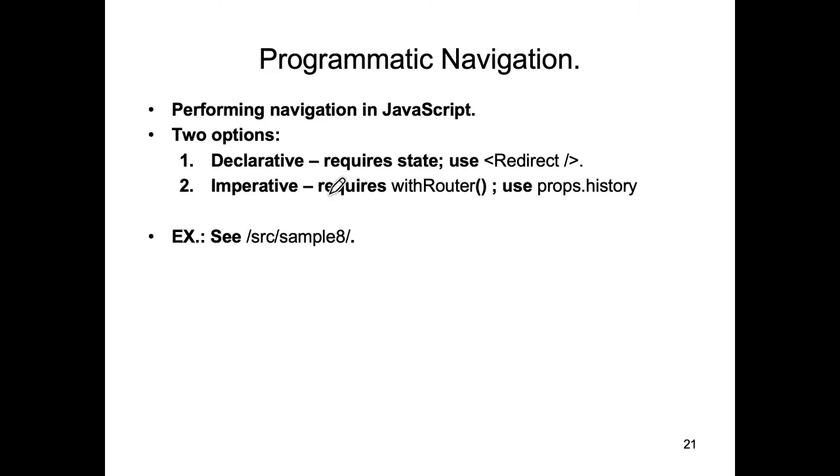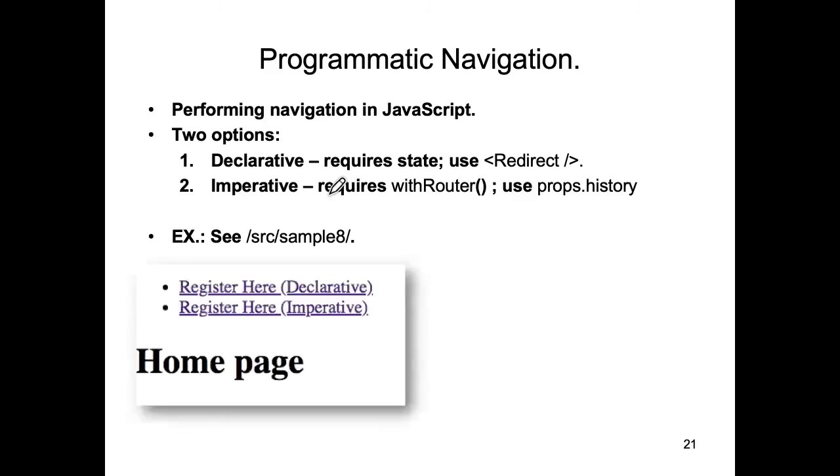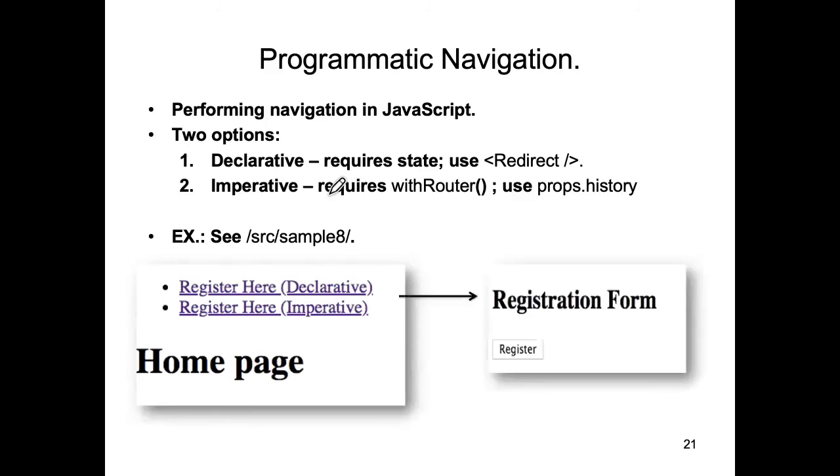And the classic use case for this is where you've got, let's say, a registration button on your app header. User clicks on the registration button. That brings them to the registration form. They fill out the form and then they click the register button.